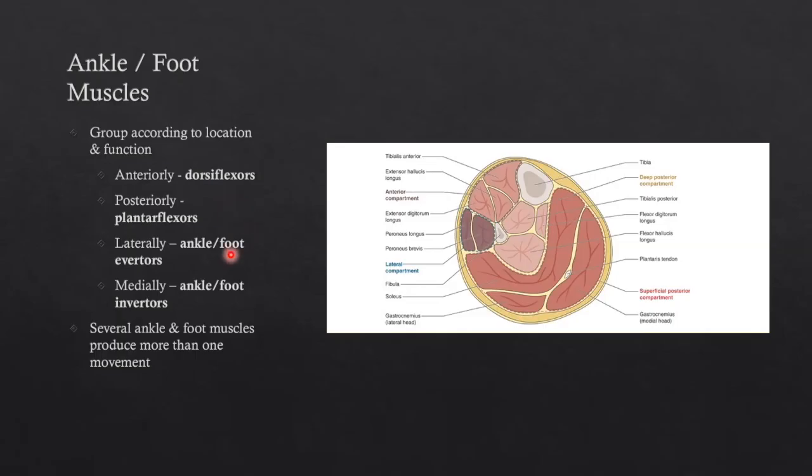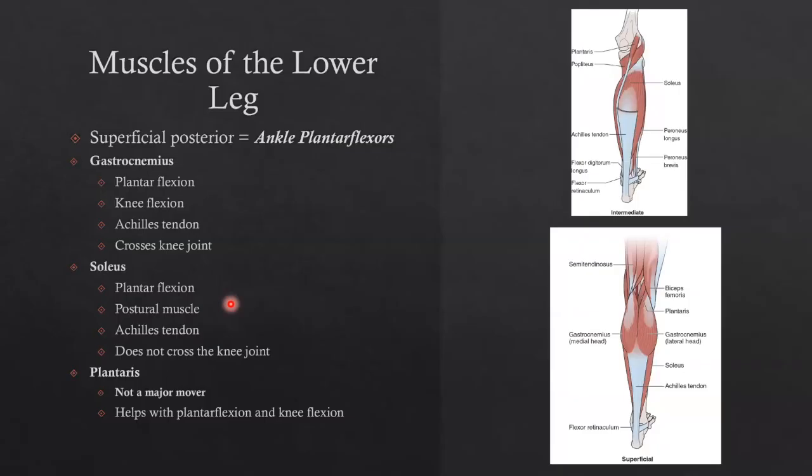Our lateral compartment will include our ankle and foot everters, and the medial compartment will include our ankle and foot inverters. Of course, this is organized in a way for you all to group the muscles that we're about to go over into respective groups, but as always, several ankle and foot muscles produce more than one movement. So just be aware of that as we move along to the muscles of our lower leg.